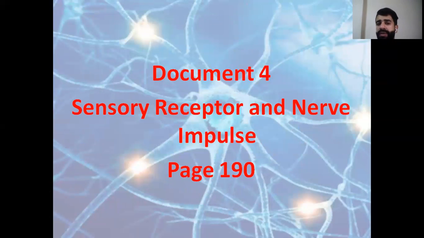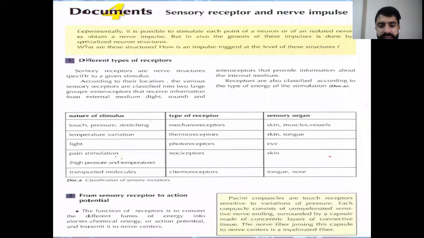Moving to document 4, we talk about the sensory receptors and the nerve impulse. We said there are different types of receptors. We have mechanoreceptors that respond to stimuli like touching, pressure, stretching, and so on, mainly in the muscles, the vessels, and the skin. Also, we have thermoreceptors that detect changes in temperature, like in the skin and the tongue.